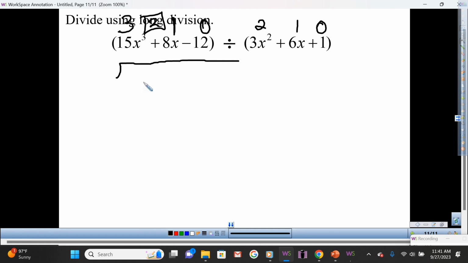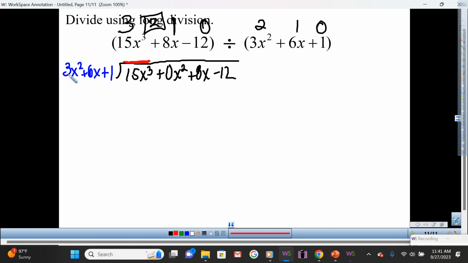What do I write inside? Plus 0x squared. Divided by 3x squared plus 6x plus 1.